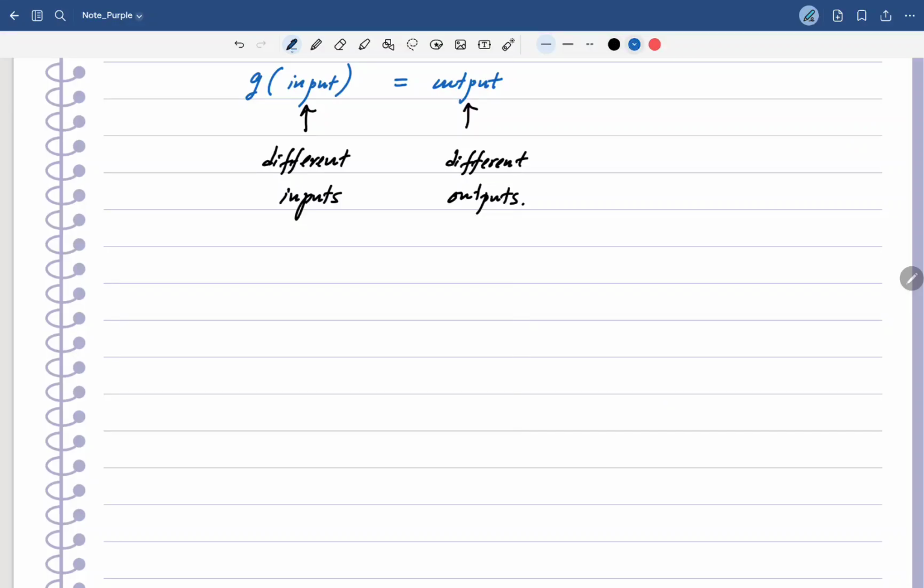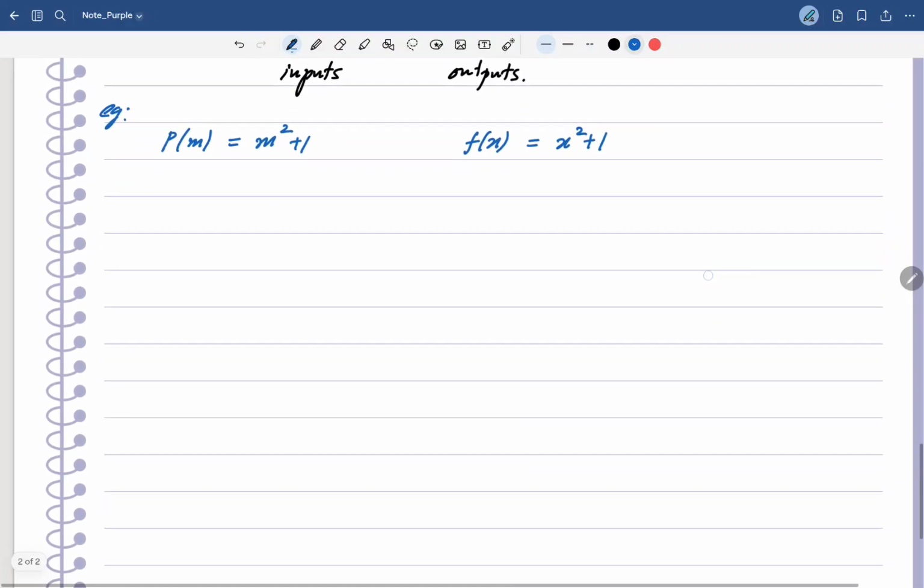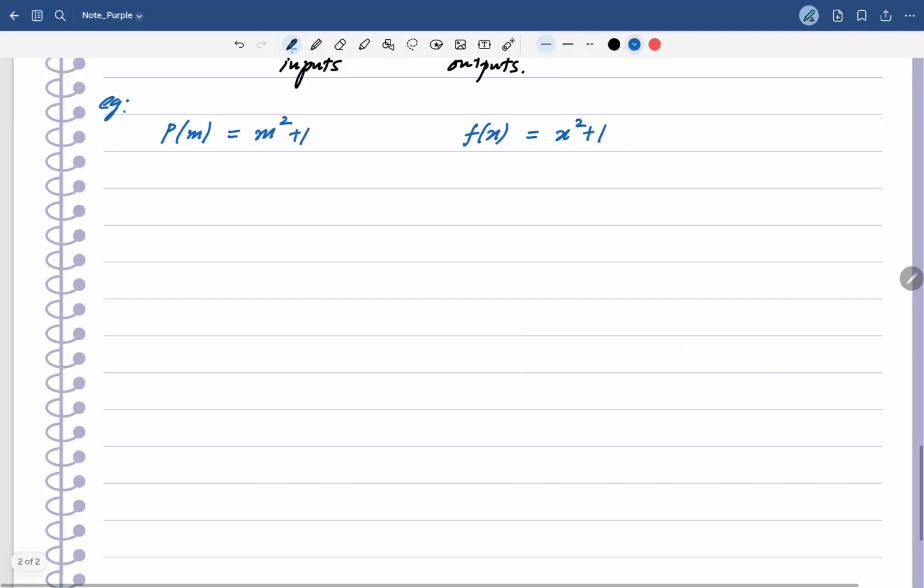Let's think about different variations. Let's think about p of m is equal to m squared plus 1 and f of x is equal to x squared plus 1. Now this m and x are variables, so you are going to have values here. So now if you look into the definition, it is the same definition.